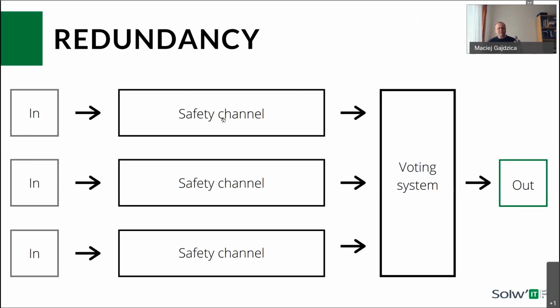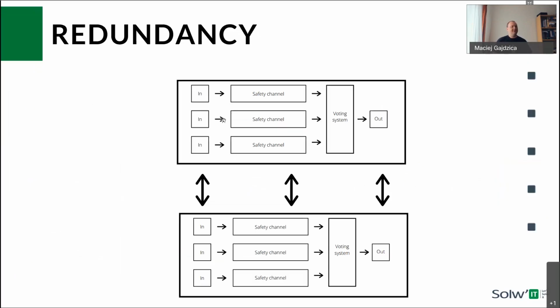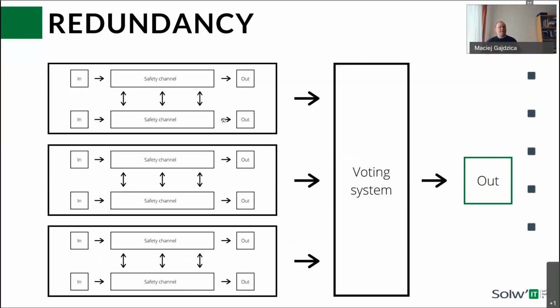So if one of the channels will be broken, we still have 2 other channels that can outvote this broken one, and we will still be able to proceed. Of course, we can use any combination of those redundancy mechanisms, like two separate channels with voting systems inside, or voting system consisting of duplicate channels. We can use many other combinations.